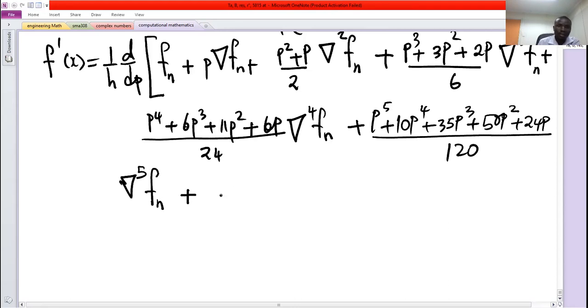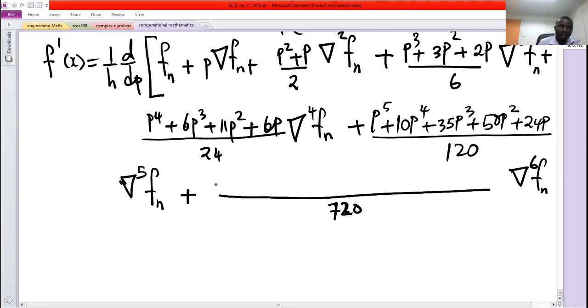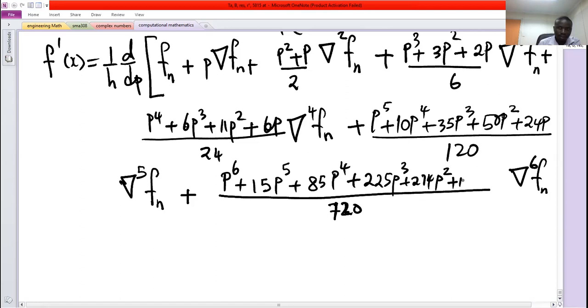Next one, if you write the term in the sixth backward difference, then 6 factorial is 720, and we'll have p power 6 plus 15 p power 5 plus 85 p power 4 plus 225 p power 3 plus 274 p power 2 plus 120p.